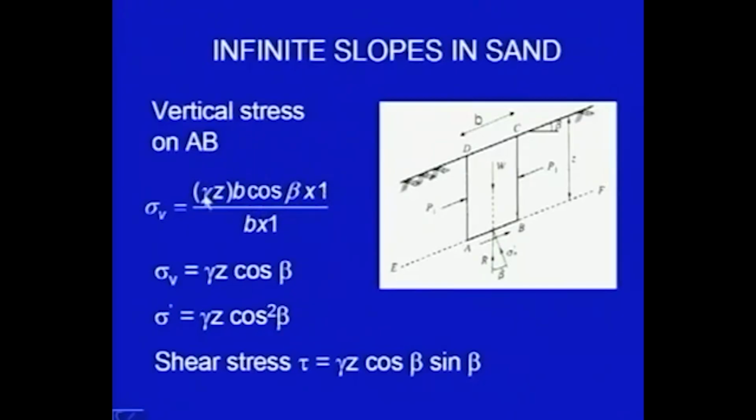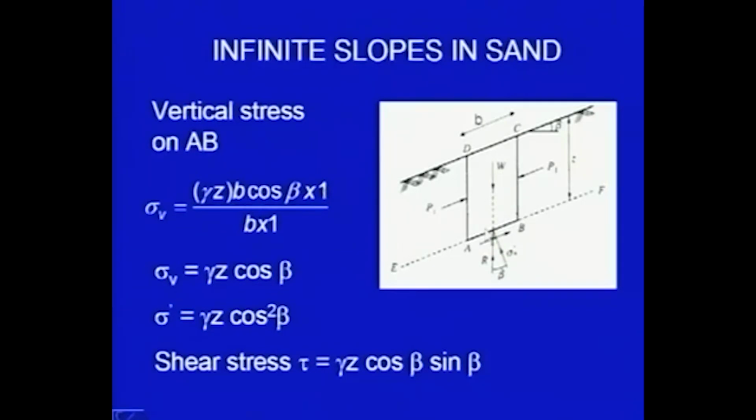So, total weight is equal to gamma Z B cos beta into 1, and the area over which this weight is acting is B in this direction and 1 perpendicular to the plane of paper. So, the vertical stress will be gamma Z B cos beta upon B. So, this B will cancel, and vertical stress at a depth Z will be equal to gamma Z cos of beta. So, this vertical stress will be acting in vertical direction.